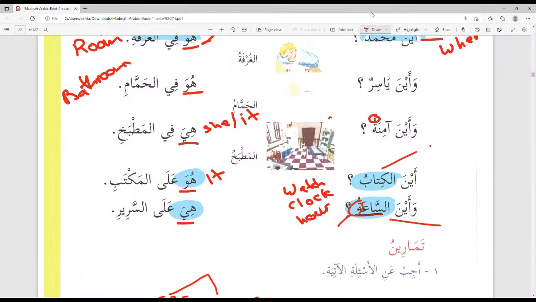Many female names, like Ruqayyatu, Khadijatu, Safiyatu, Aminatu, Aishatu, end with a ta. That's why we use huwa for al-kitab, because huwa means it, masculine, and hiya for as-sa'a because it's feminine. So I hope that answers your question.